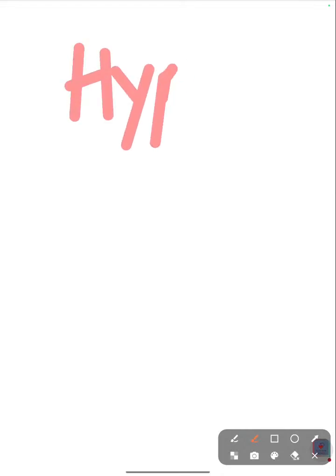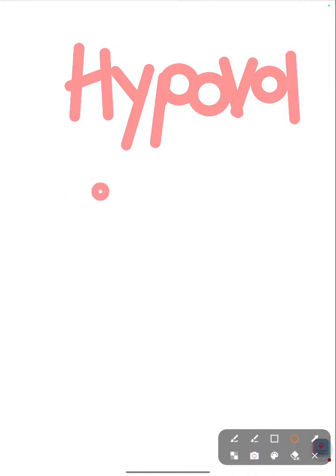Talking about classification, shock can be divided into hypovolemic shock, and there is cardiogenic shock.